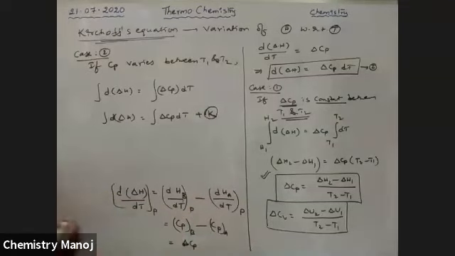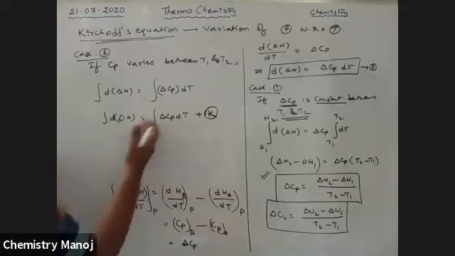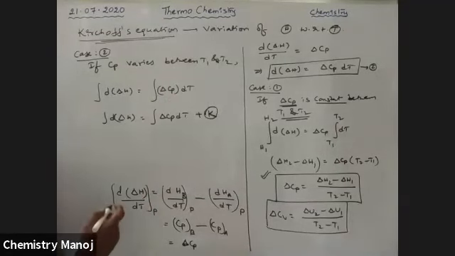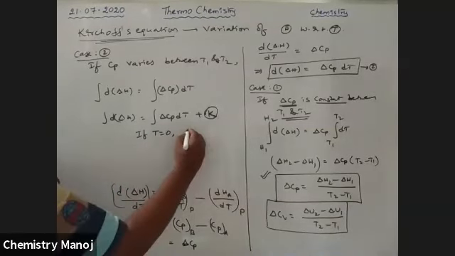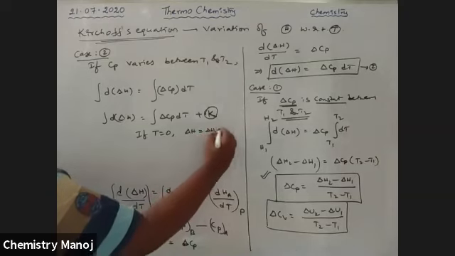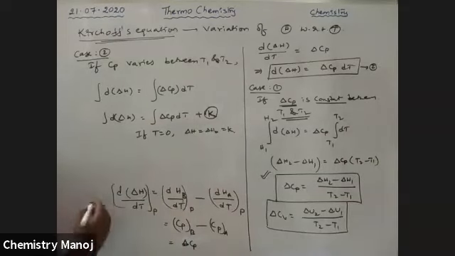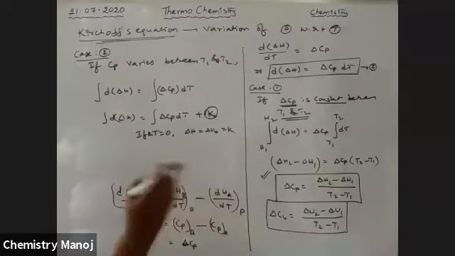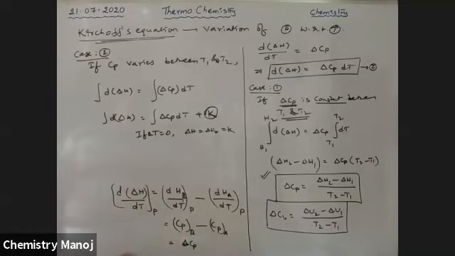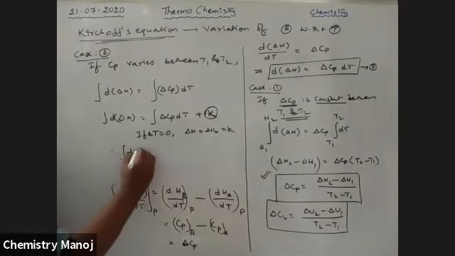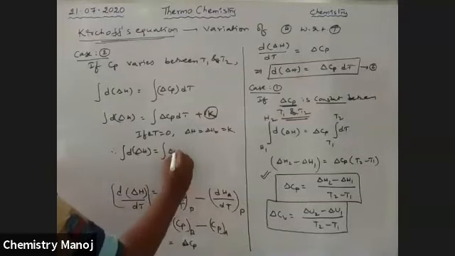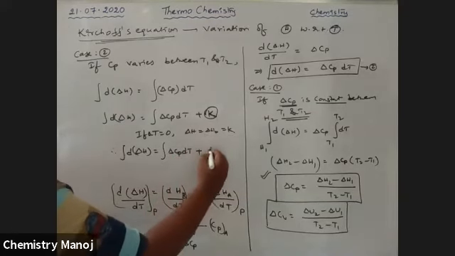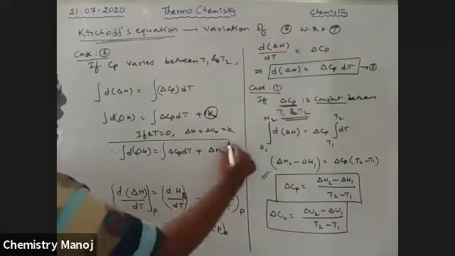Because both these are variables, some constant is available. So if temperature T is equal to 0, delta H is equal to delta H naught, which is equal to K, because change in temperature is 0. Therefore the integral of d delta H is equal to the integral of delta Cp dT plus delta H naught. So this is another equation.